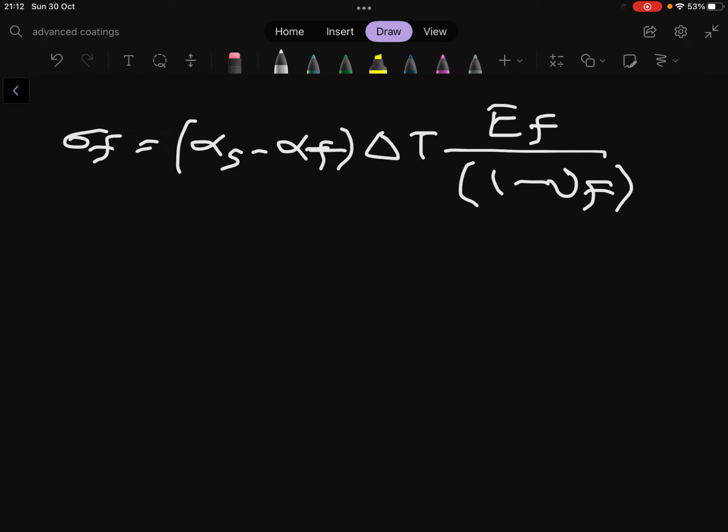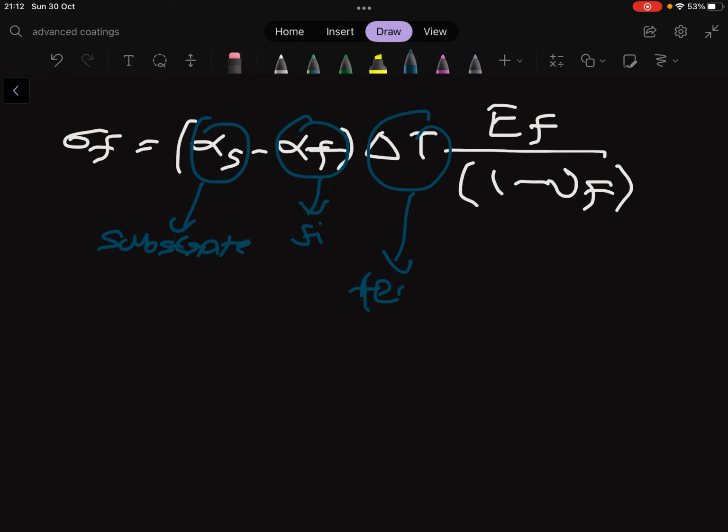Here, alpha s is the thermal expansion coefficient of the substrate. Alpha f is the thermal expansion coefficient of the film. Delta T is the temperature difference. And we already know that Ef and mu f are the Young's modulus and the Poisson's ratio of the film.